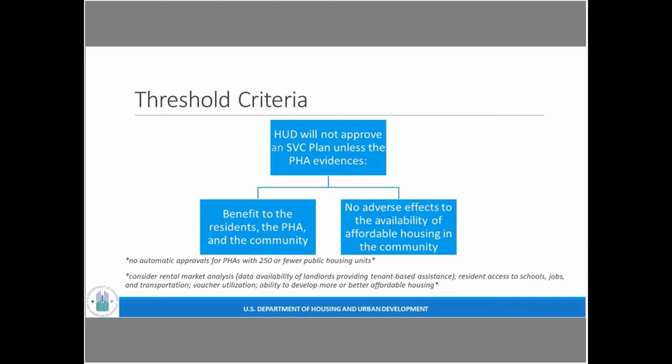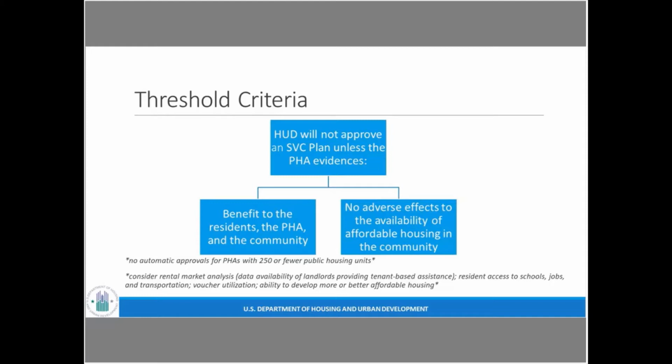We're going to look at the impact of ending a public housing program in a community, the impact of expanding a housing authority's HCV program, and what that could look like in the local market if the plan is to voucher out. And we're going to look at the proposed future use of the property. So we're really going to take it all into account as we review these plans.